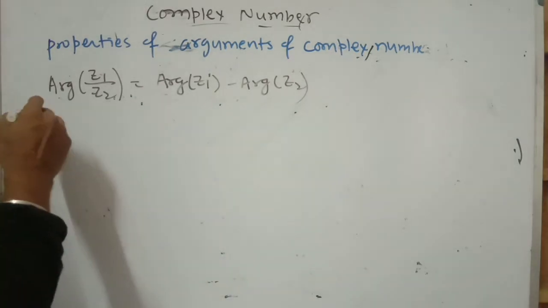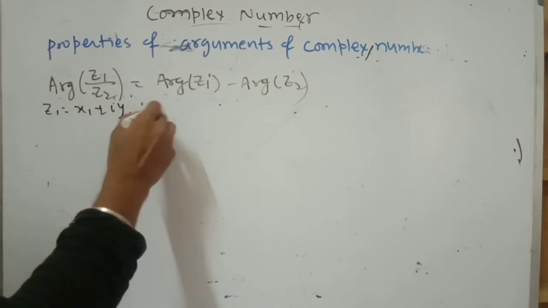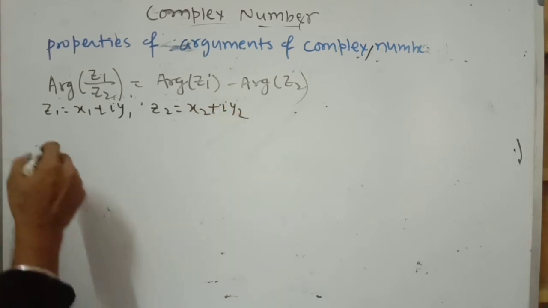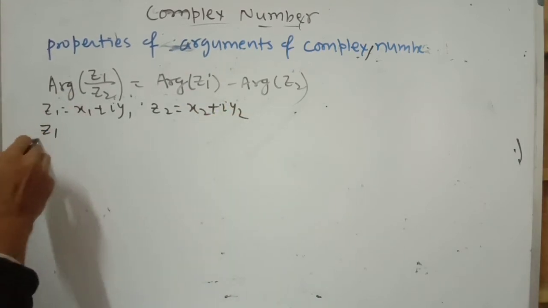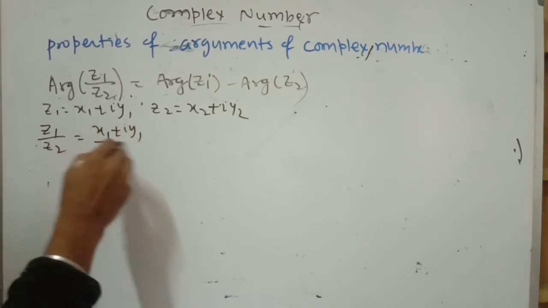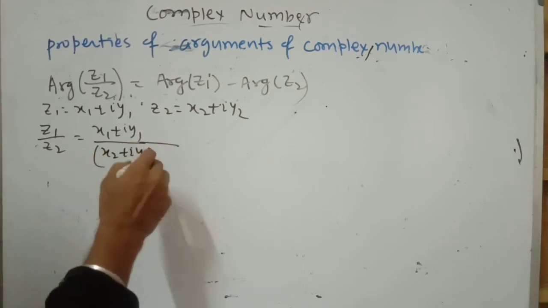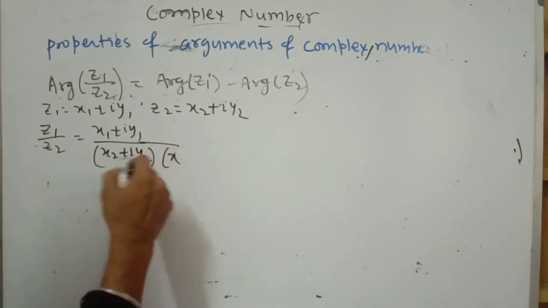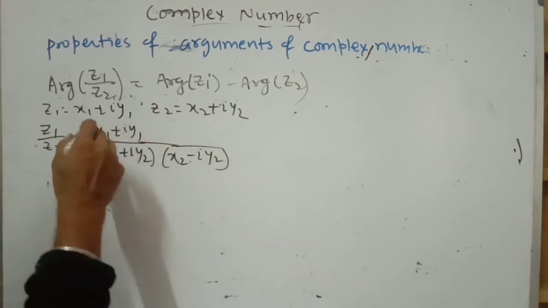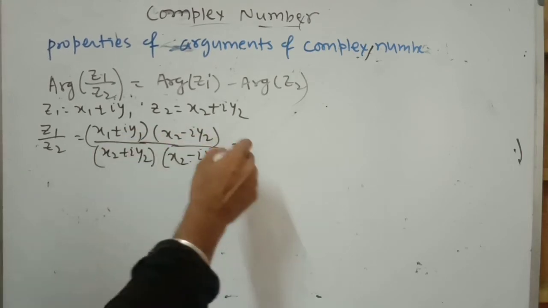So let me consider again z1 equal to x1 plus I y1 and z2 equal to x2 plus I y2. First you find z1 by z2, so x1 plus I y1 divided by x2 plus I y2. You can rationalize this complex number, so multiply by x2 minus I y2, and again multiply the numerator by x2 minus I y2.